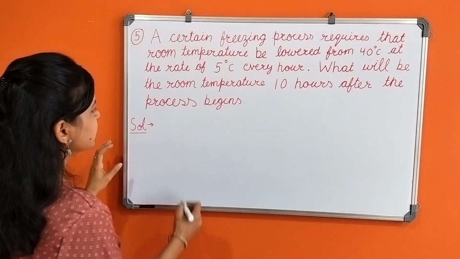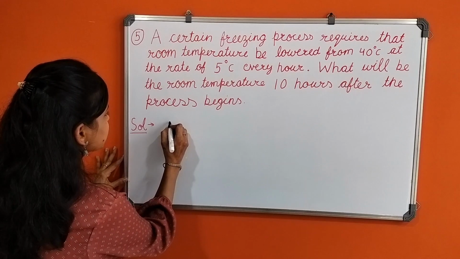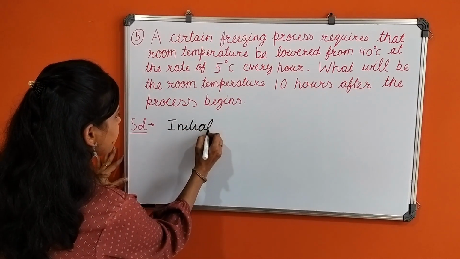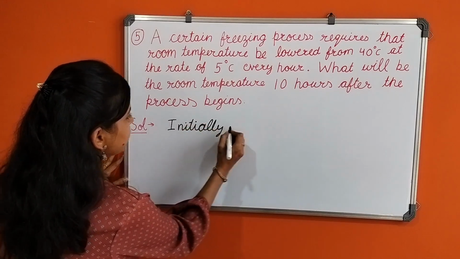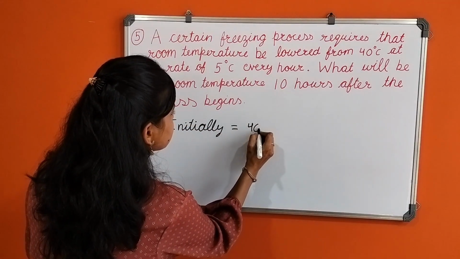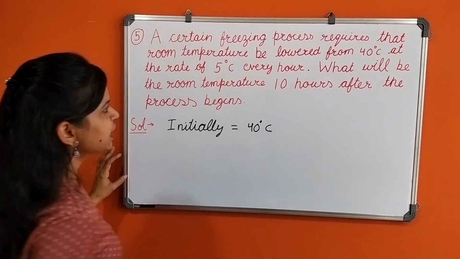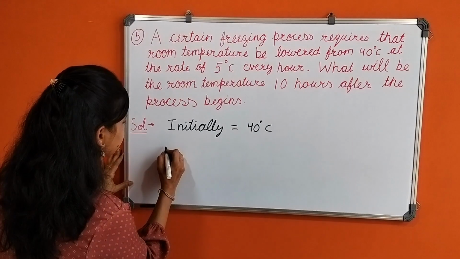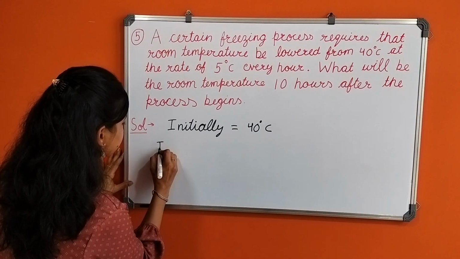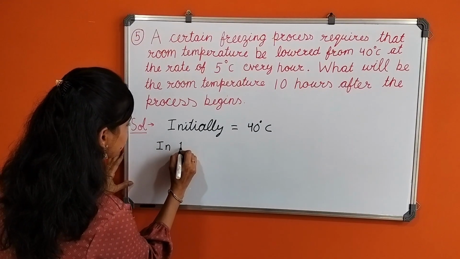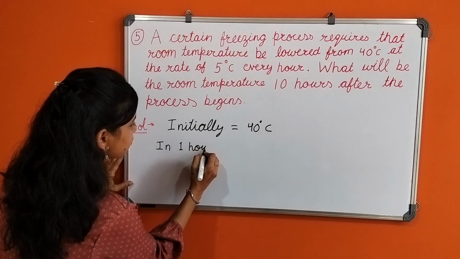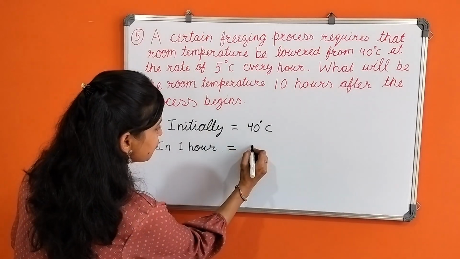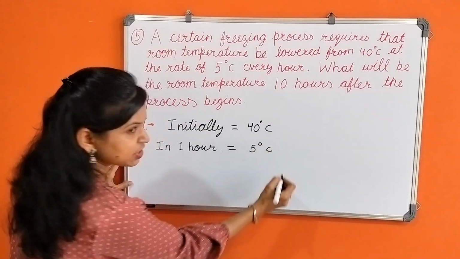So how will we solve it? Initially the temperature is 40 degree centigrade. In 1 hour, how much is the change? 5 degree centigrade. In 1 hour, 5 degree centigrade is the temperature change.